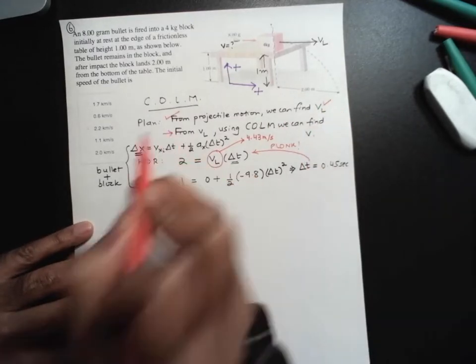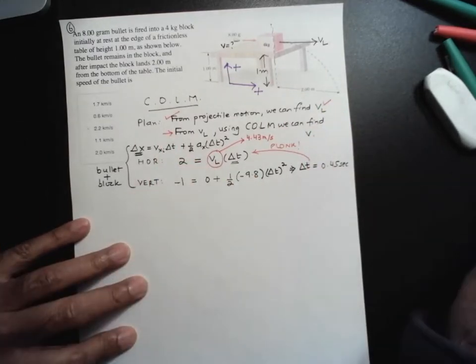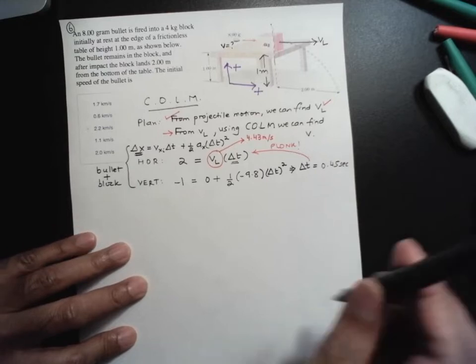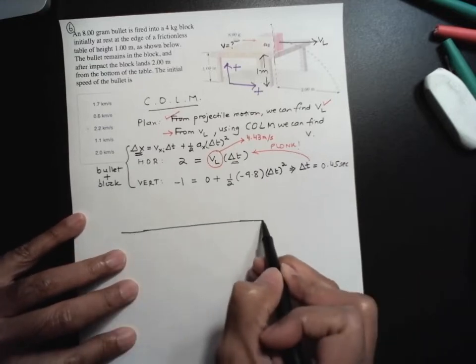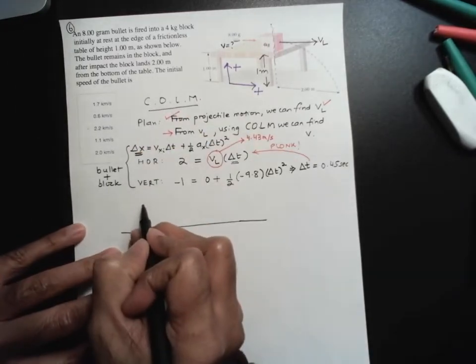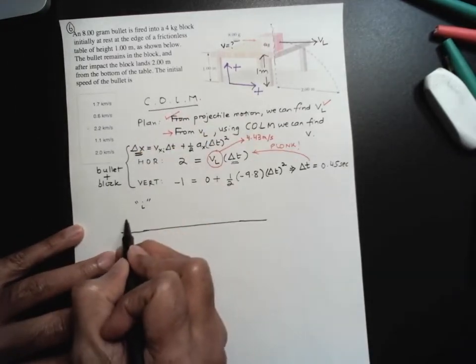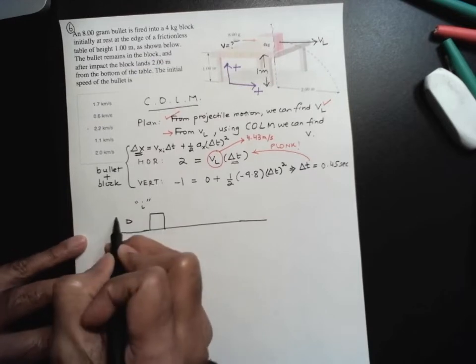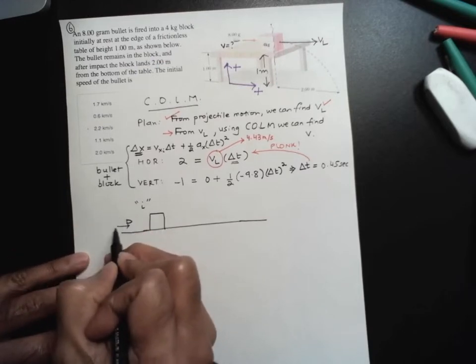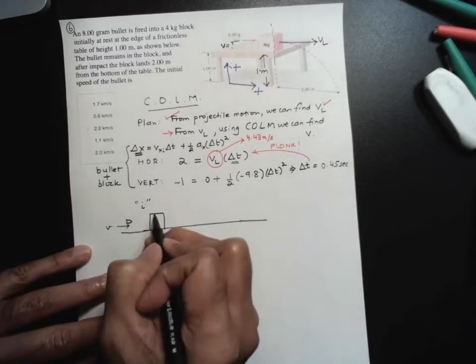Now I need to do this step here, so I need to apply conservation. Whenever I apply conservation laws, I need an initial situation. The initial situation is bullet coming, block sitting, that's the velocity.